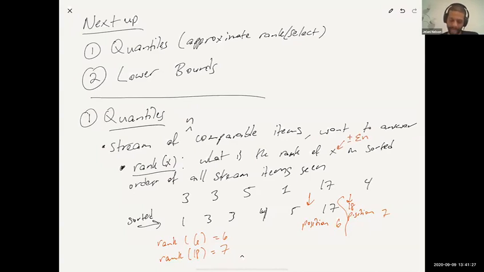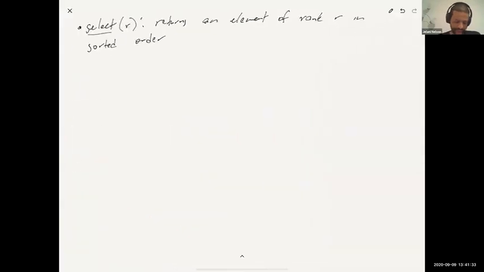Epsilon is some parameter that's given up front before the stream starts. And similarly, select is going to return an element of rank r plus or minus epsilon n. So the element returned is not necessarily going to have rank exactly r, just approximately r in this additive sense.